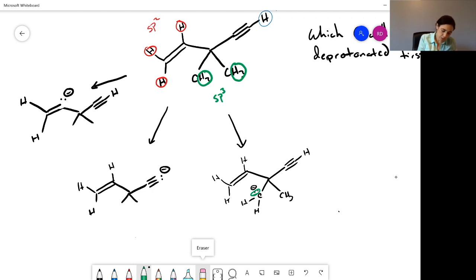This one is going to sit closest to the nucleus. So this is going to be furthest from the nucleus. This one will be closest.